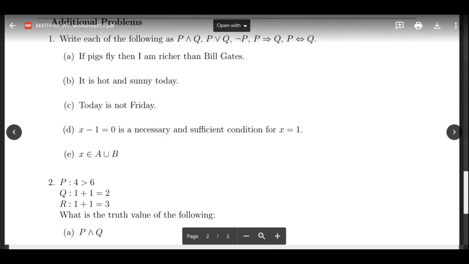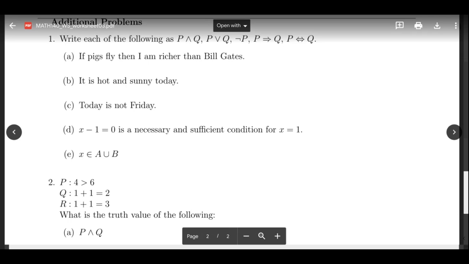So what is your answer for 1E? It's a tricky one. E is none of them, right? We cannot use any of them to write E, because E, again, is an open sentence.